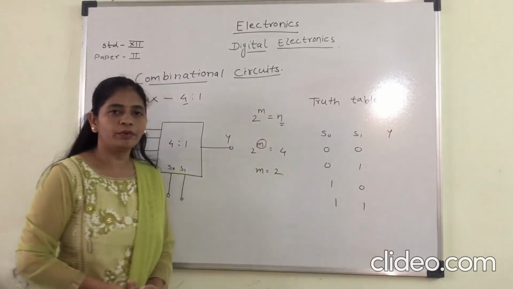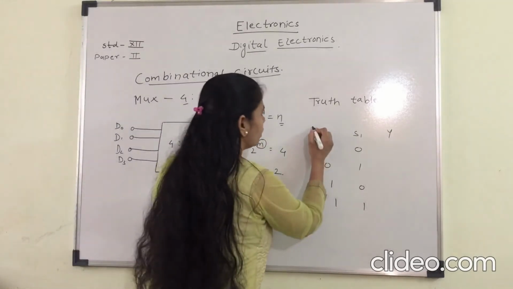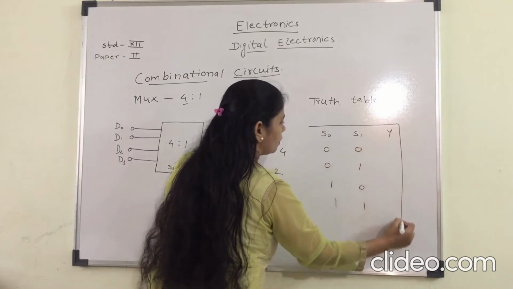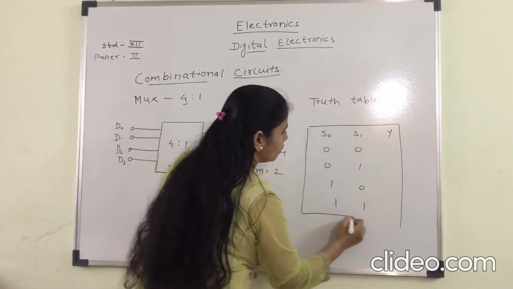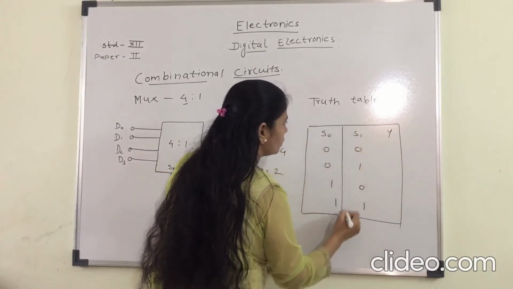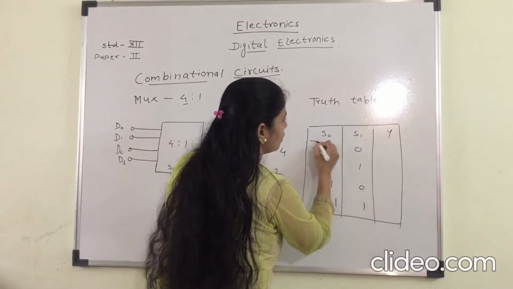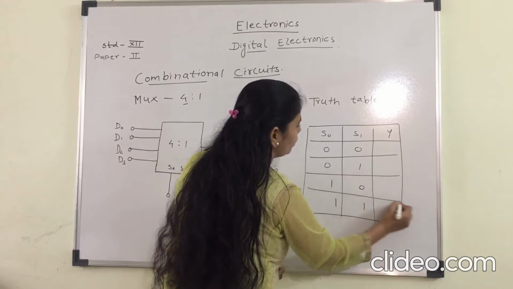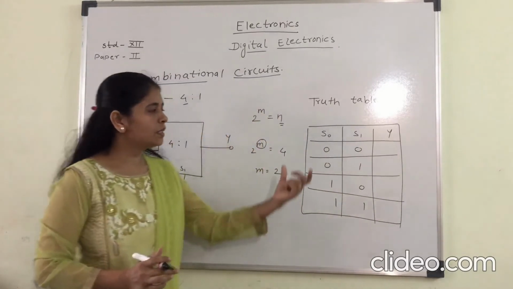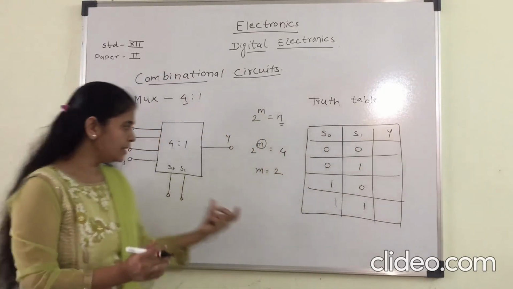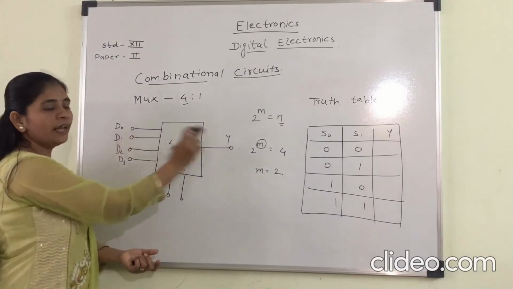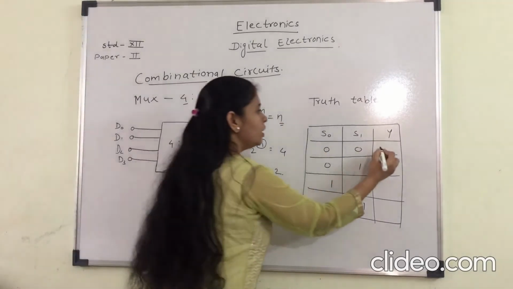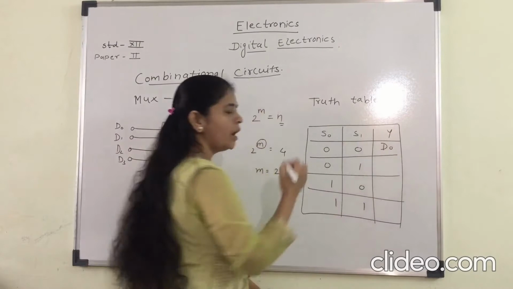These are the 4 input conditions. If the select lines are 0 0, the D0 input is selected at the output. So here we get D0 at the output.